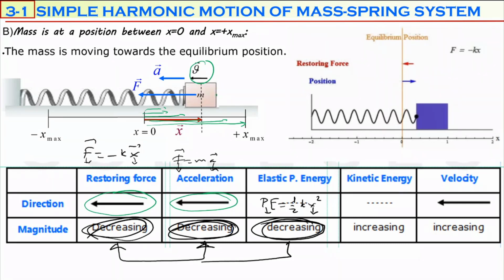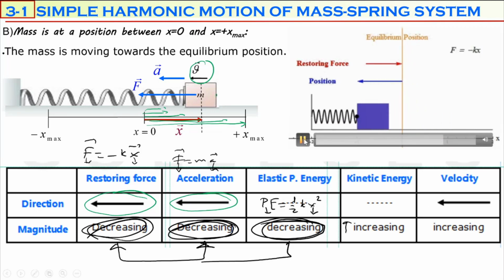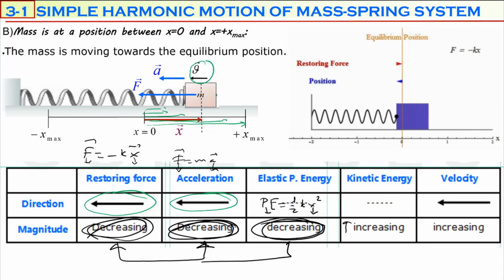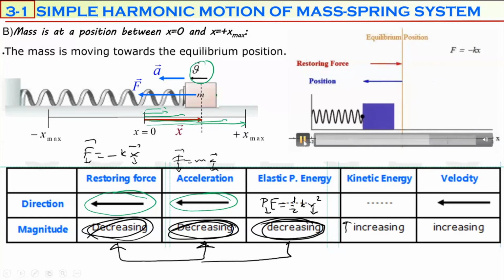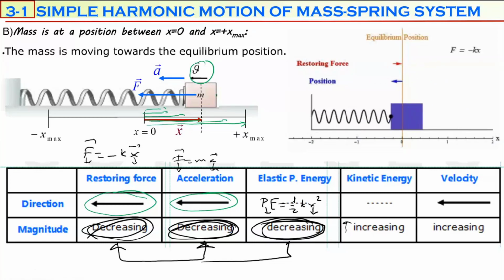However, if elastic potential energy is decreasing, this decreased energy must be given to the object as kinetic energy. So kinetic energy will be increasing. You can even see it from the velocity. Look at the velocity of the object. Right here, the object stops. But later, the object starts increasing in speed. That's why the magnitude of the velocity is increasing.